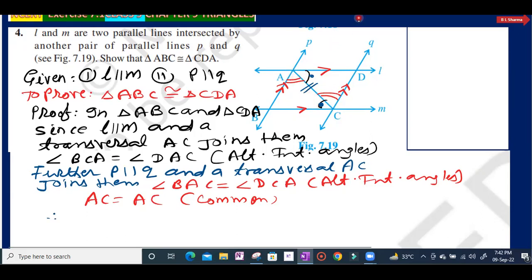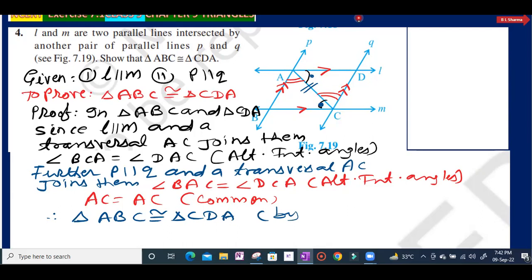Therefore, triangle ABC is congruent to triangle CDA by the rule angle side angle, and hence proved.